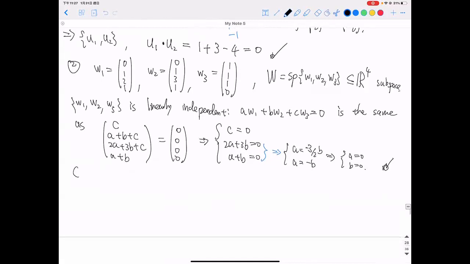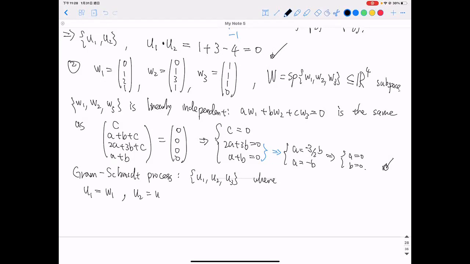So now we apply the Gram-Schmidt process to obtain from this an orthogonal basis. So we need 3. So we're going to get U1, U2, and U3, where U1 is given as W1 by construction.